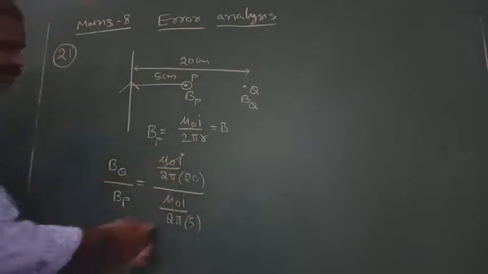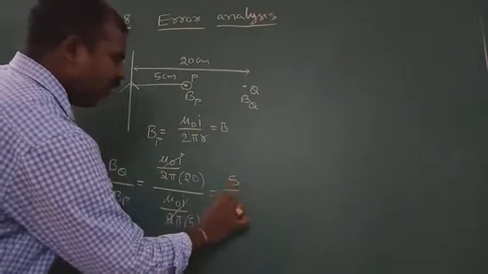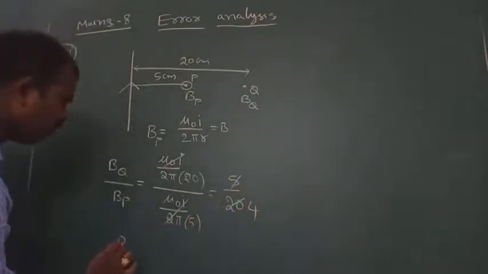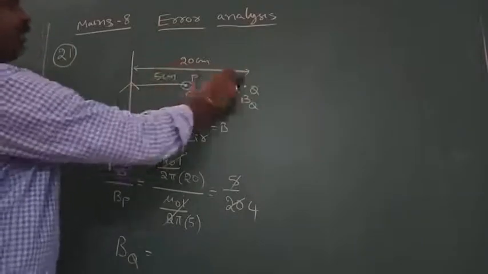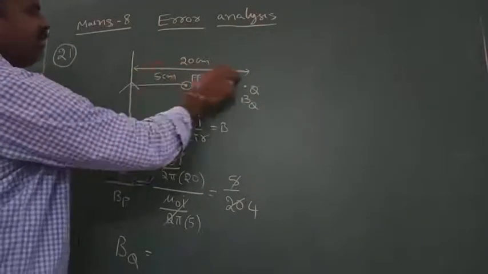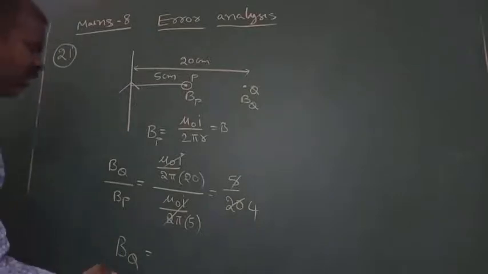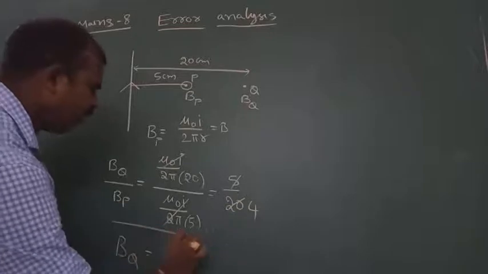Then mu naught and 2 pi get cancelled, that is 5 by 20, and 5 by 20 is 1 by 4. Therefore, the magnetic field at point Q, which is located at a distance of 20 centimeters from the long current carrying wire, is BQ is equal to B by 4.